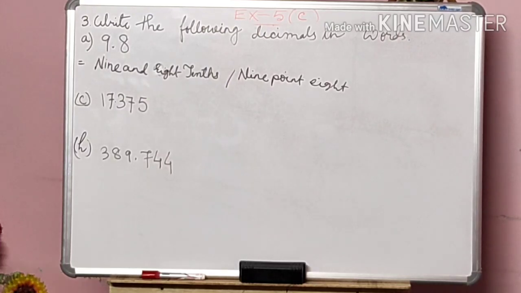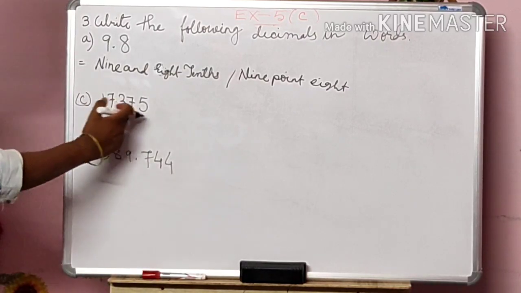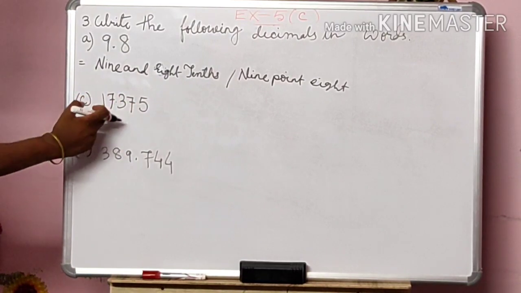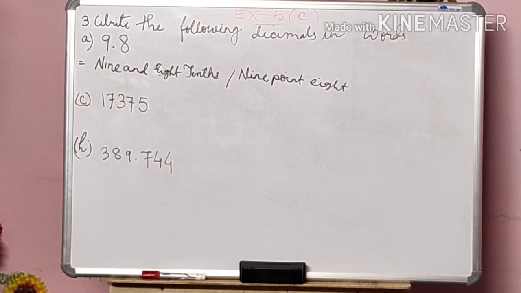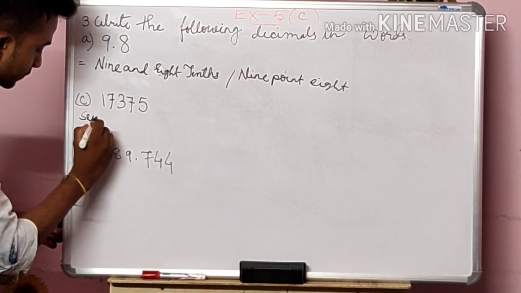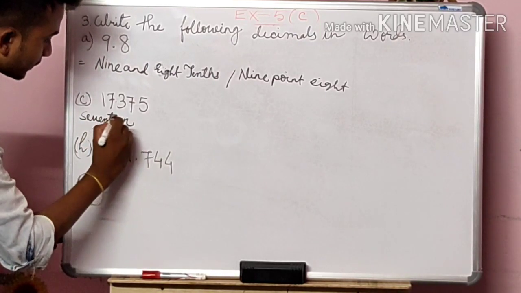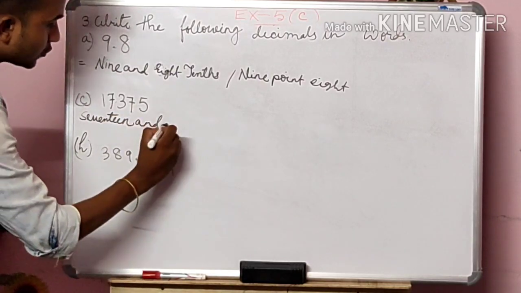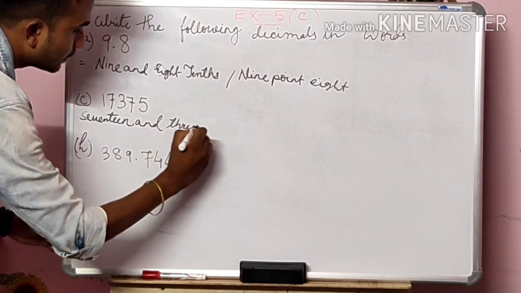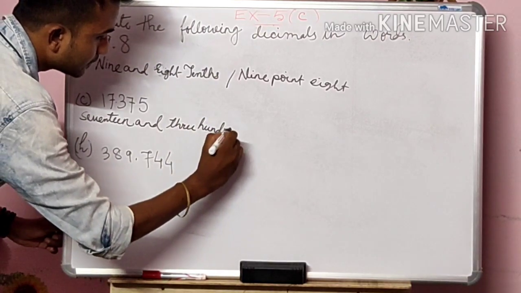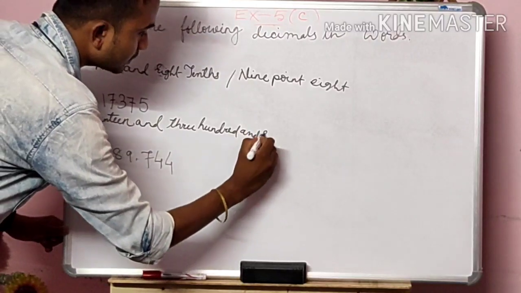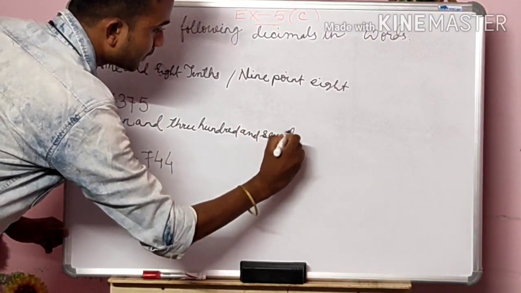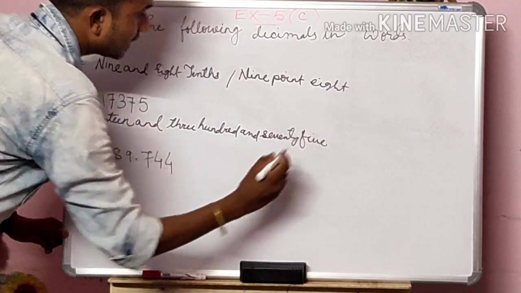Next question, you see that it is 17.375. The first way is that it can be simply written like this, 17.375, or it can be written as 17 and 375 what?